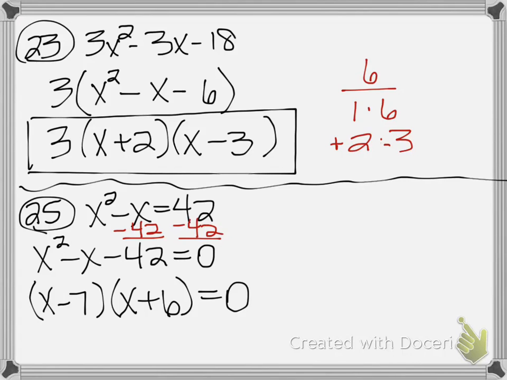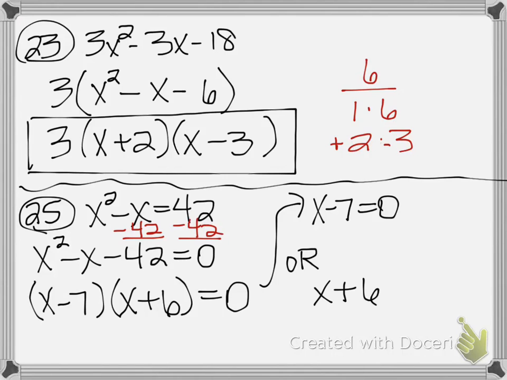Now, we're not done because when we have to solve, if the answer is 0, then either the first number, which is x minus 7, equals 0, or the second number, which is x plus 6, equals 0. And then you just have to solve these two little mini equations, and so you'll have two answers.